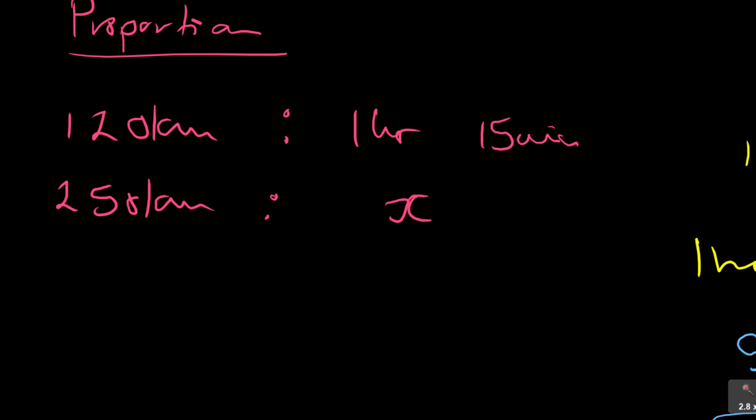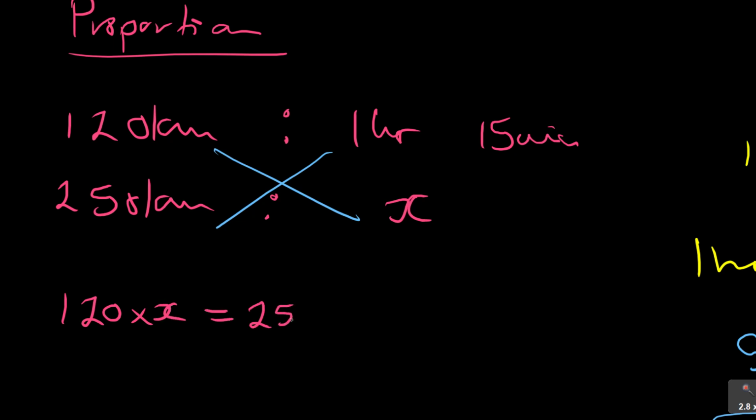Then you do what is called cross multiplying. You cross multiply like this: 120 times X is equal to 250 times 1 hour 15 minutes. Now you need to be careful. You need to convert these into single units. How do you convert 1 hour 15 minutes?